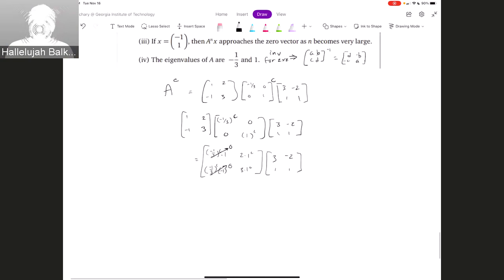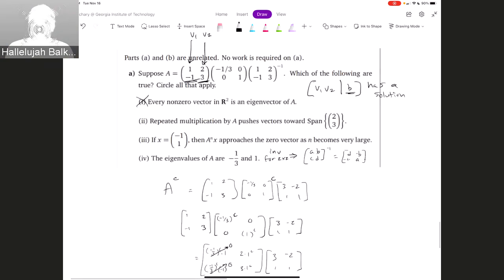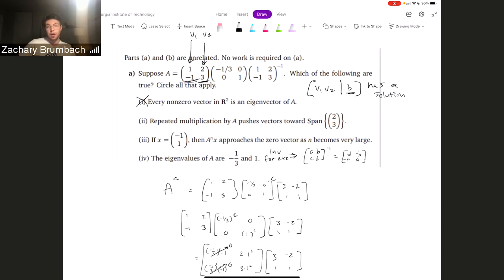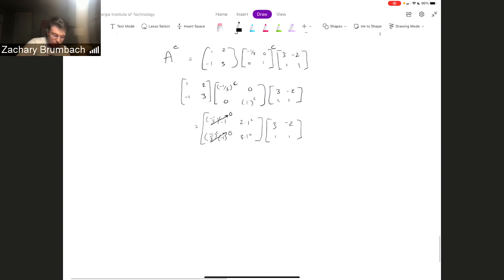Gotcha. Cool. Yeah. So if it's not an eigenvector, all things are constructed of eigenvectors, but they are not eigenvectors in this case. So it is false for I. Okay. So for this next one, we have.